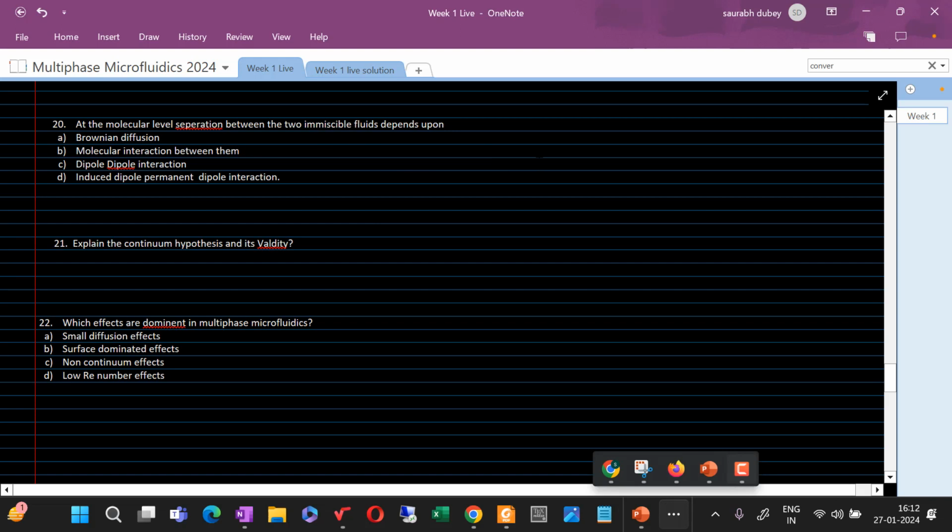At the molecular level, separation between the two immiscible fluids depends upon. Two immiscible fluids, oil and water, will be separated anyway. But at the molecular level, at the interface, as if you are looking at the molecule of the water and the molecule of the oil, they are separated. So what are the forces because of which they are separated, and what are the forces that are helping them to be separated?